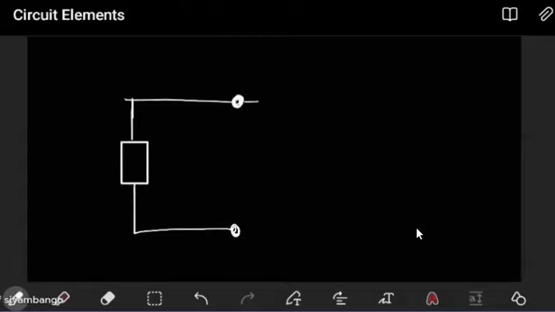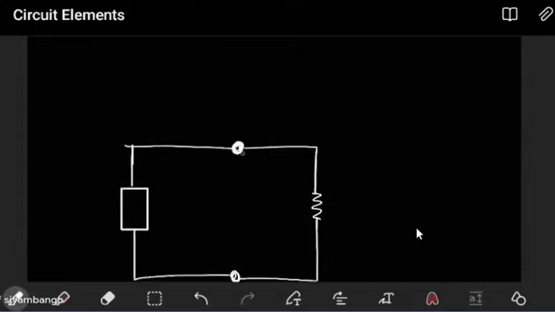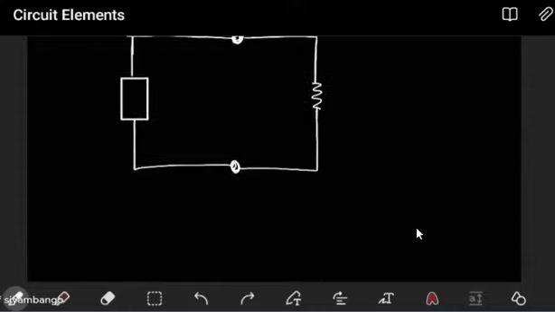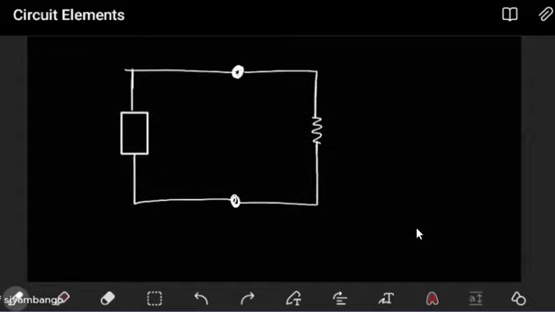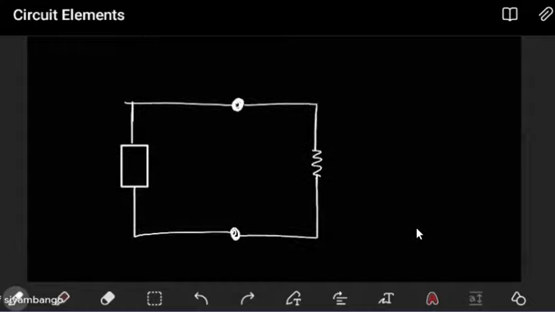For circuit elements to be in parallel, they must be connected to the same two nodes, here and here. So if I was to connect another circuit element there, then we can conclude that these two circuit elements are in parallel. But if I was to connect something else, not necessarily that. If we ended up having something else, I can just confuse this, so this is no longer parallel.